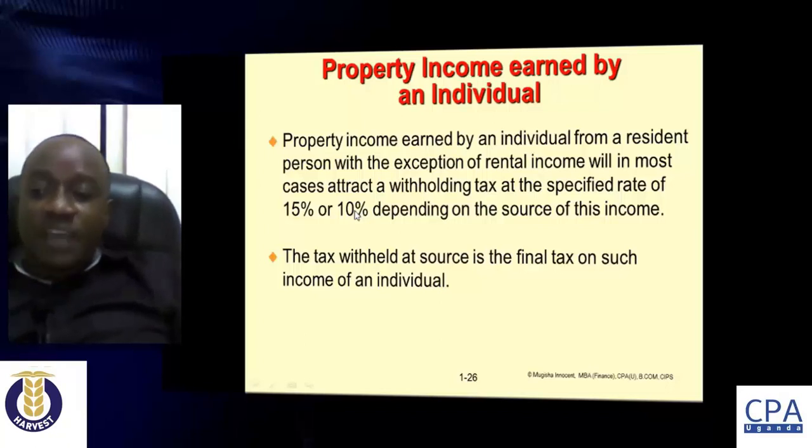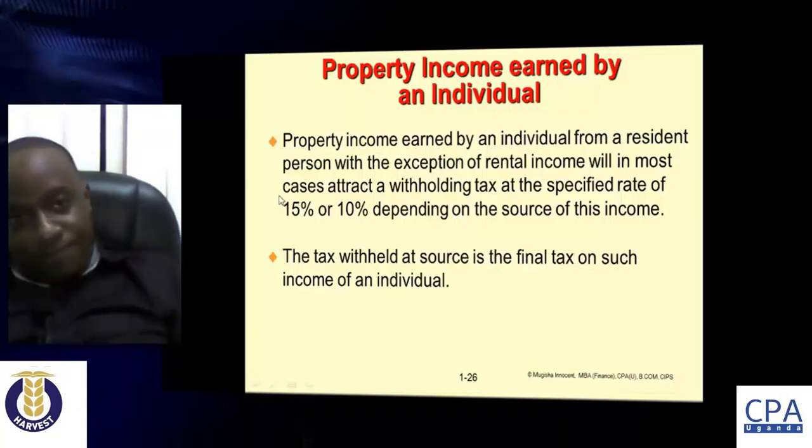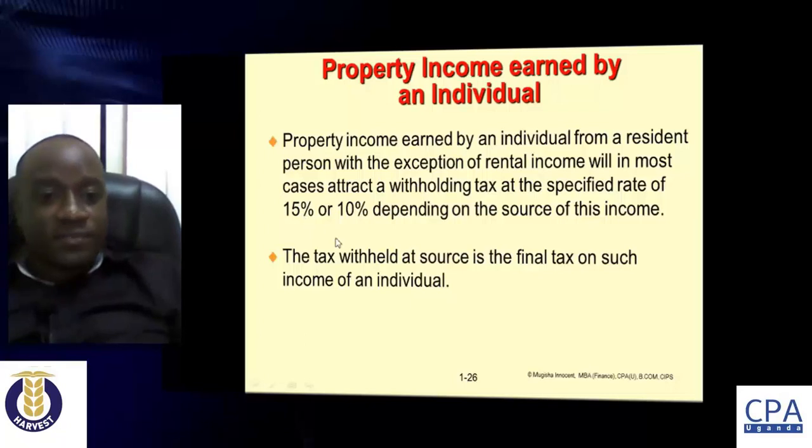So when these companies pay a dividend to you, if you're a shareholder, then you pay withholding tax at a lower rate of 10%. But if it is not listed, then ideally you pay withholding tax at 15%. So there are a number of categories of incomes that will be taxed at different rates. On average, we are saying withholding tax is at 15%.